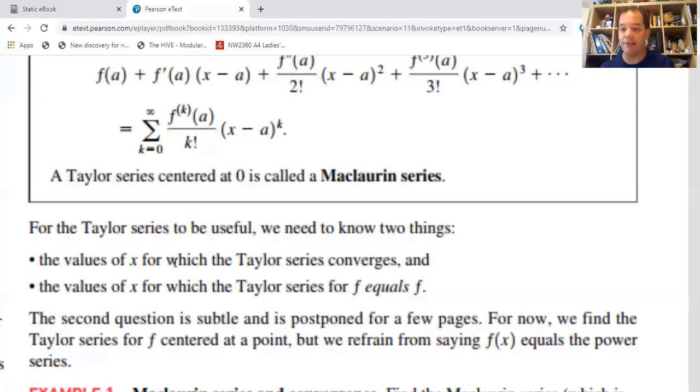In most cases, it will be equal to the function, but we want to justify it and say why. So right now, we're simply going to calculate the power series or the Maclaurin series of a specific function. All right? Questions so far?